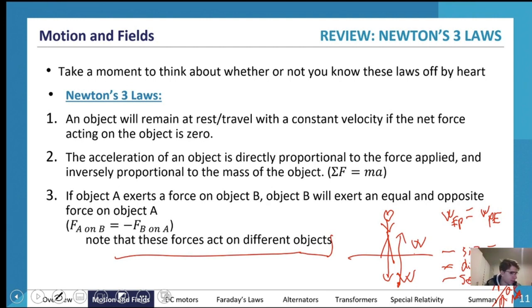So some of you might be thinking, well, if that's the case, then obviously the question arises, what about the normal force?